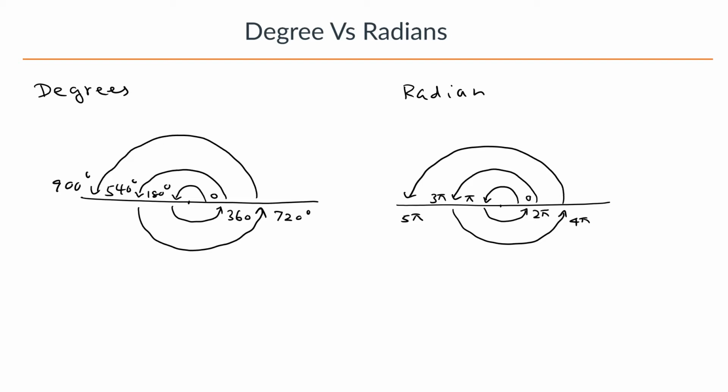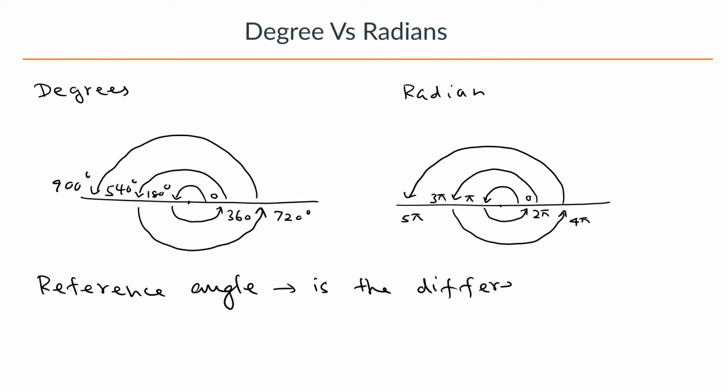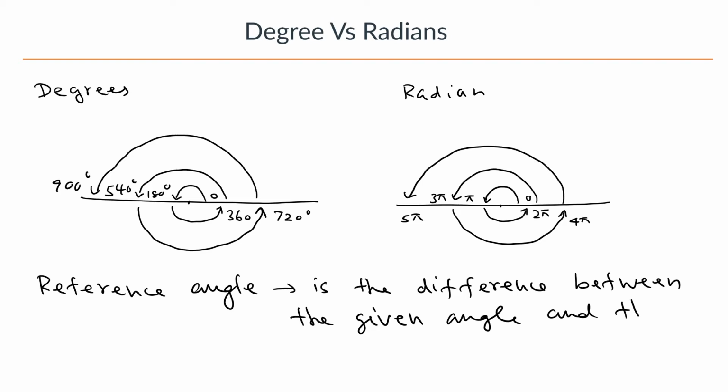So we can say the reference angle is the difference, which means it is always positive, between the given angle, the one we're going to find the reference for, and the angle on the x-axis.